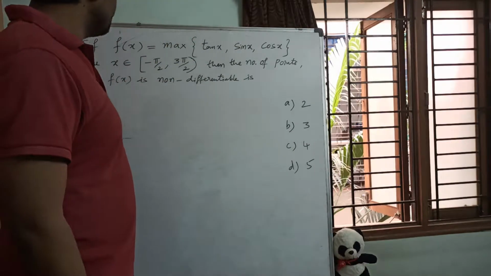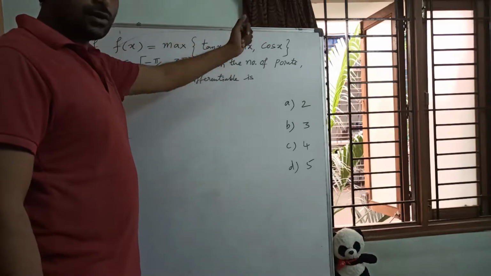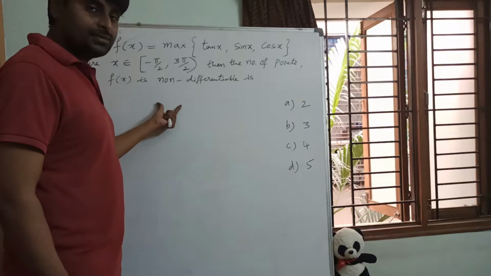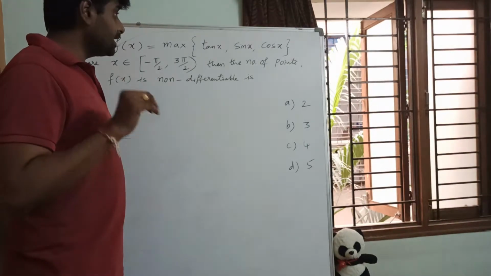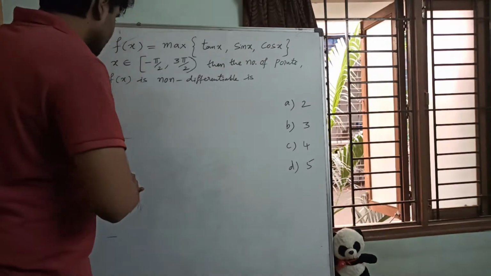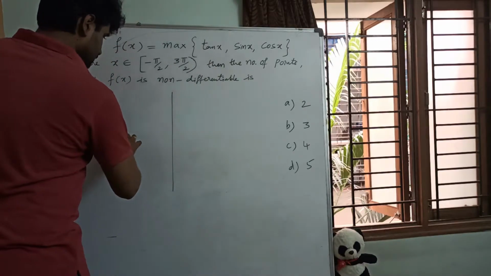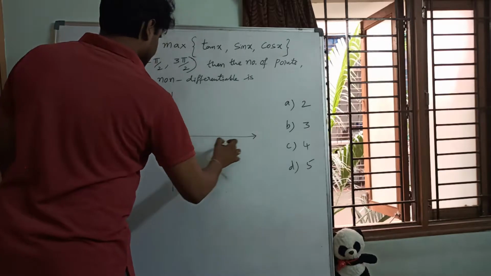Okay. Now let us go for drawing curves of sin x, cos x, tan x. So to solve this problem, you must have some knowledge about graphs of trigonometric functions. Okay. So now let us go for taking the graph there. X-axis, y-axis.